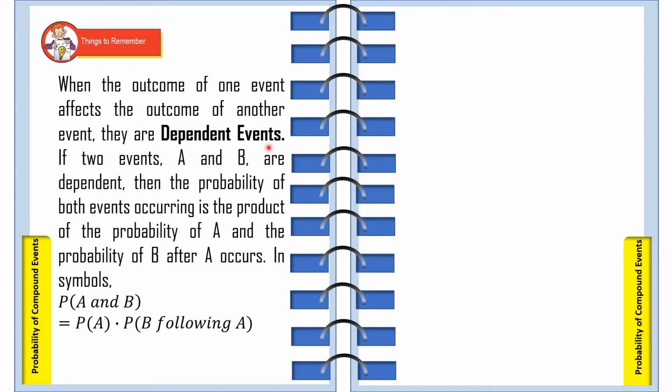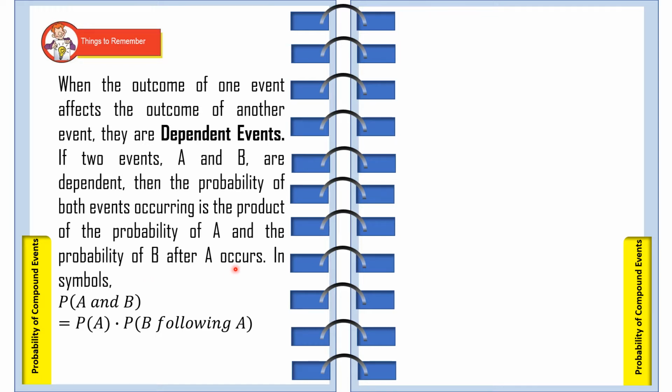But in this kind of event, so obviously, nakadepende yung ating result doon sa given events. So in this case, if two events A and B are dependent, then the probability of both events occurring is the product of the probability of A and the probability of B after A occurs.